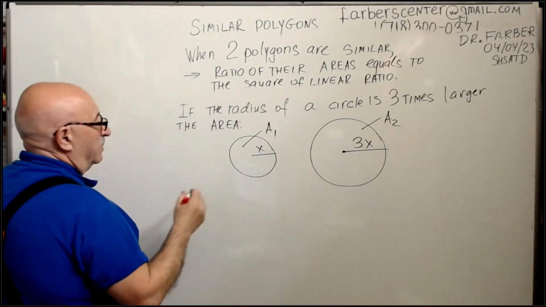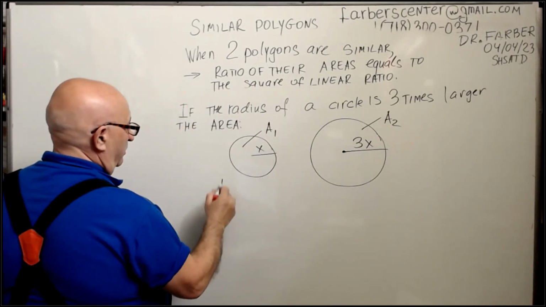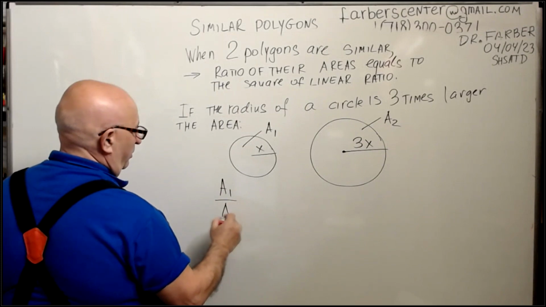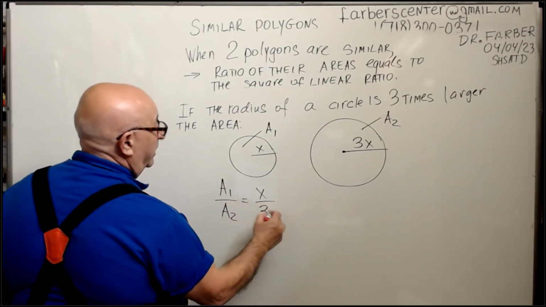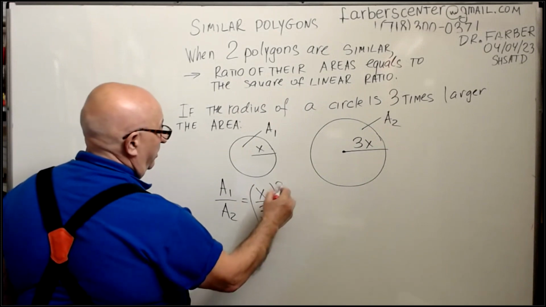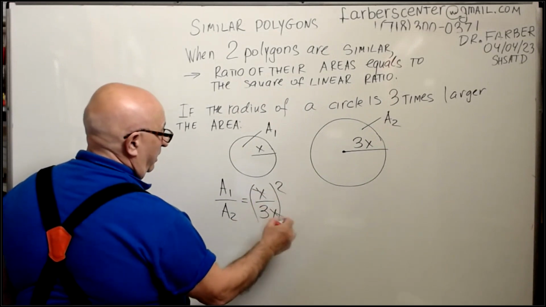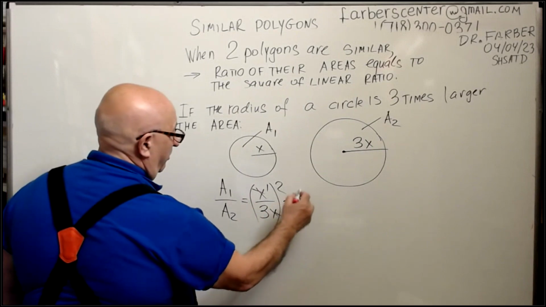Area 1 to area 2 equals x over 3x to the second power. Cancel out. It would be 1 over 9.